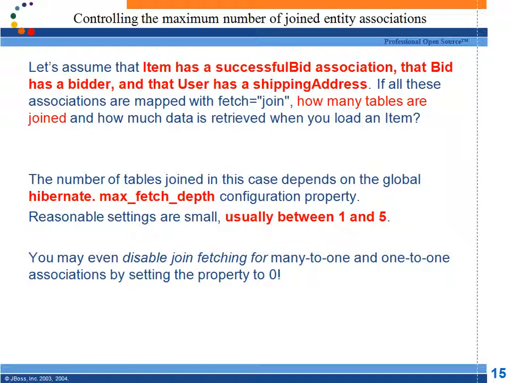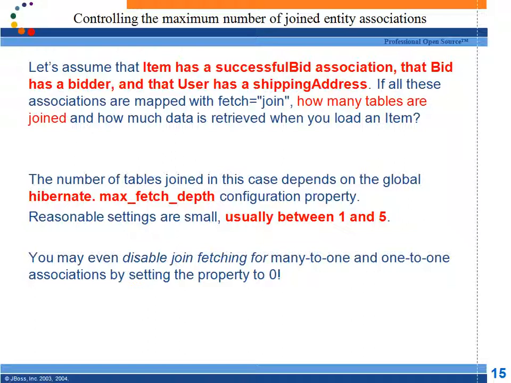See here I have a scenario. One item is having a successful bid association. One item is having one bid, and one bid is having a bidder, and that user is having a shipping address. The relationships are linked, right?